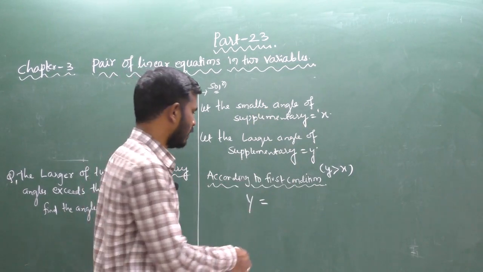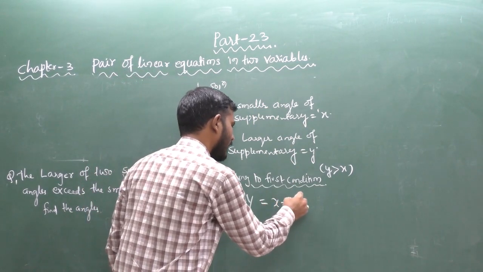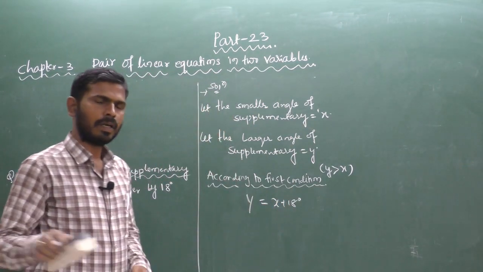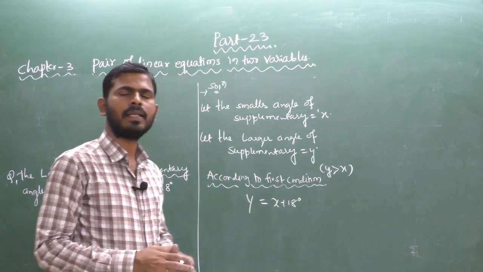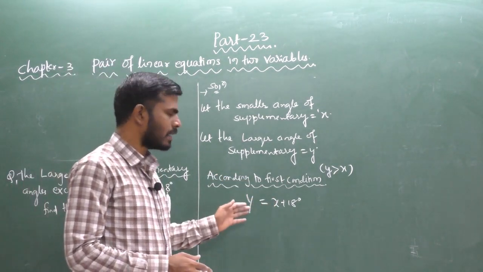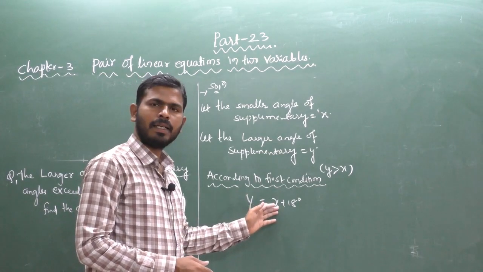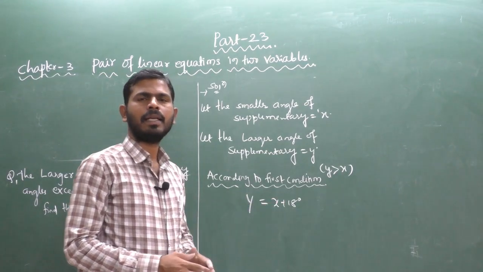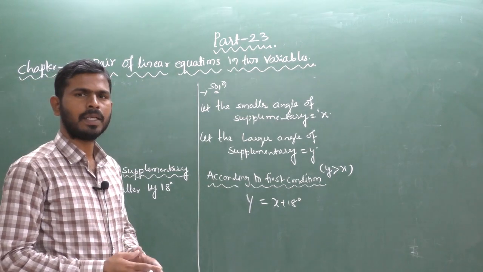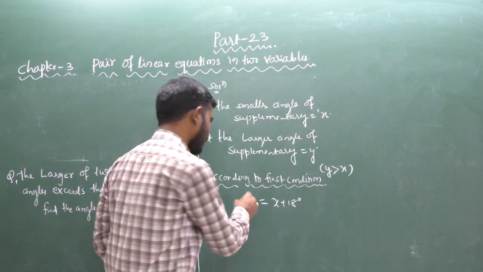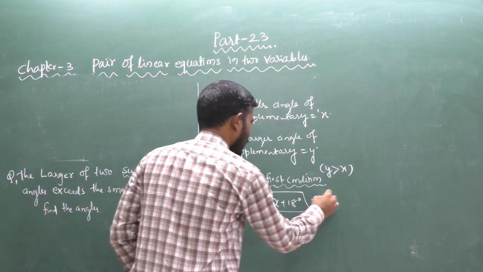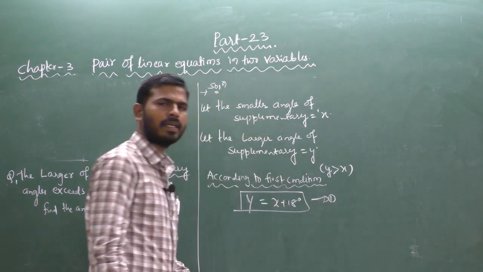So you can write here y equals x plus 18. The larger angle y exceeds the smaller angle x by 18 degrees. So the first equation is given. This is the first condition.